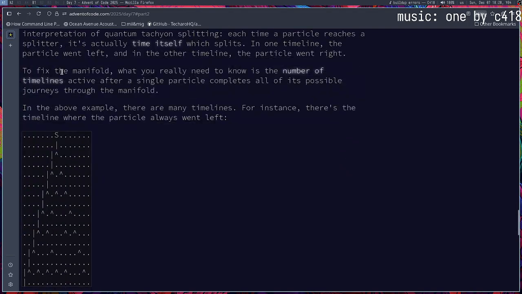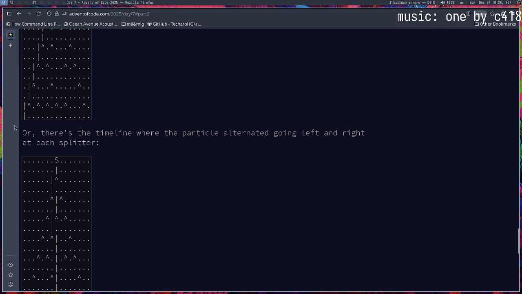To fix the manifold, you really need to know the number of timelines active after a single particle completes all of its journeys through the manifold. In the above example, there are many timelines. For instance, there's a timeline where the particle always went left. There's a timeline where the particle alternated going left and right at each splitter.